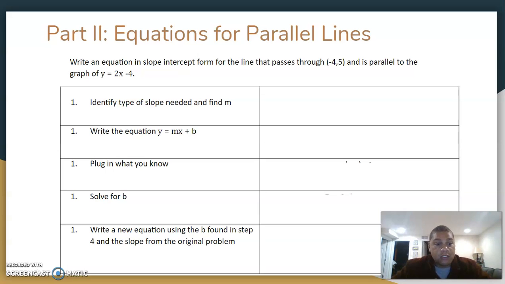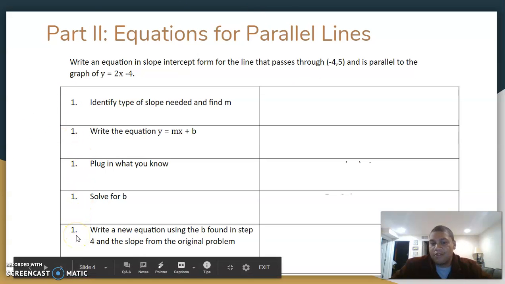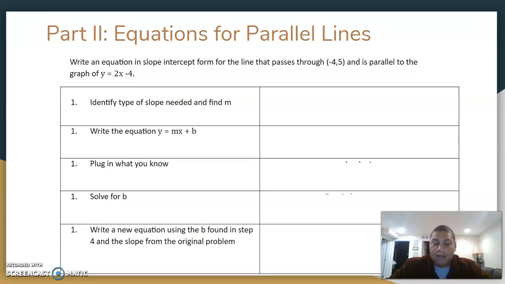Okay, so step one, and I apologize, I don't know why they're all step one, but let's use some imagination. Step one here is to identify the type of slope we need to find m. When we're dealing with parallel lines, whatever our first slope is has to equal our new slope. I'm using what are called subscripts here. Subscripts are just labels; I don't do anything with those numbers.